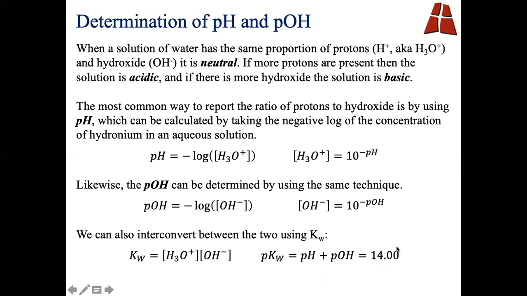And that actually has a numerical value that we set, and that is 14. Okay. And so in neutral water, that's going to be pH 7 or pOH 7. And in neutral water, our concentration of hydronium will be equal to our concentration of hydroxide. If we were to put a molar concentration to that, each would be 1 times 10 to the minus 7th molar.